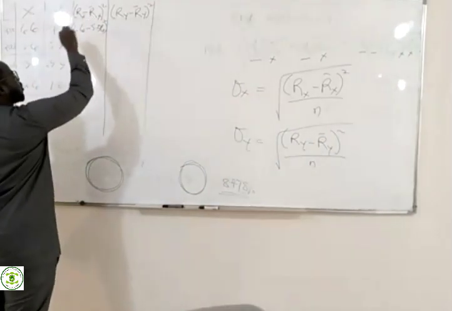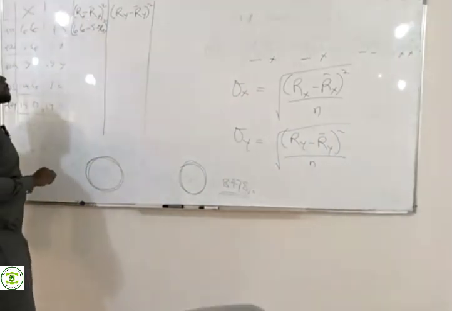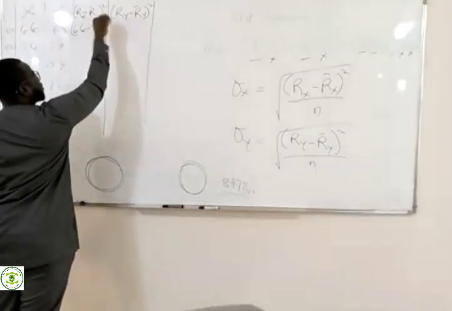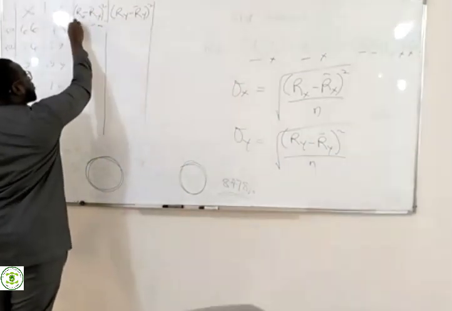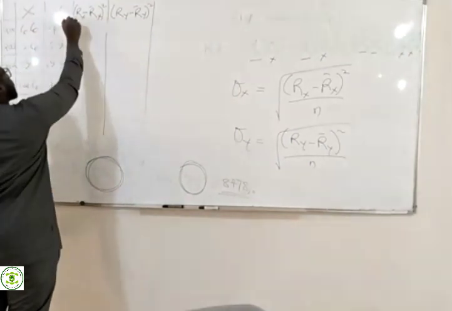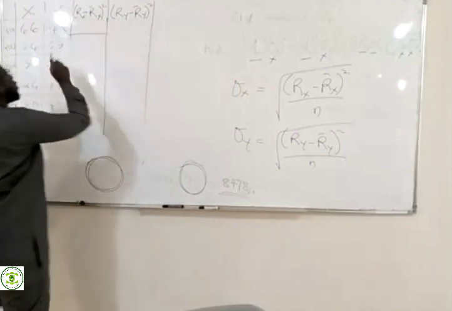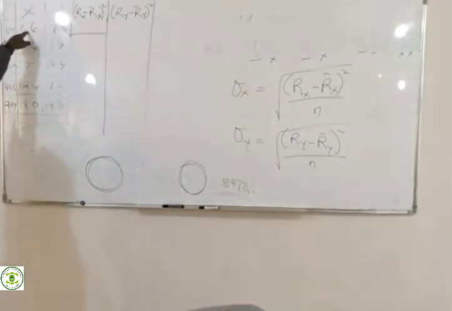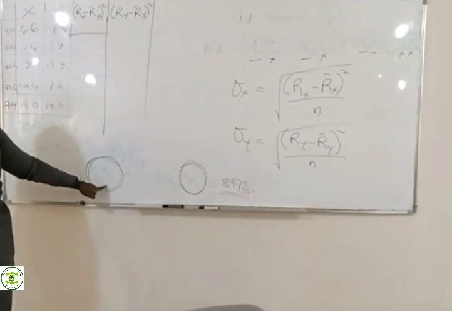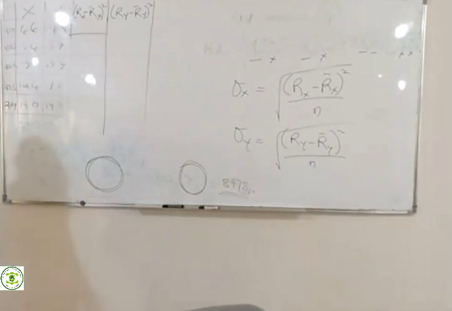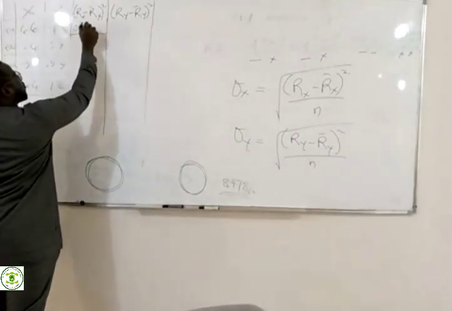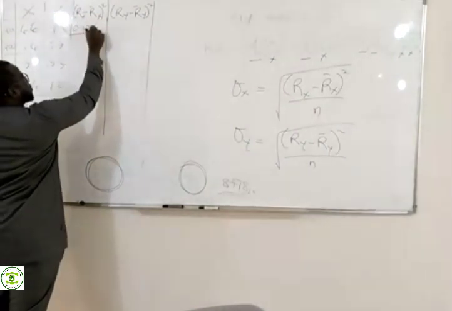So here will give us what? 6.6 minus 5.96, squared.